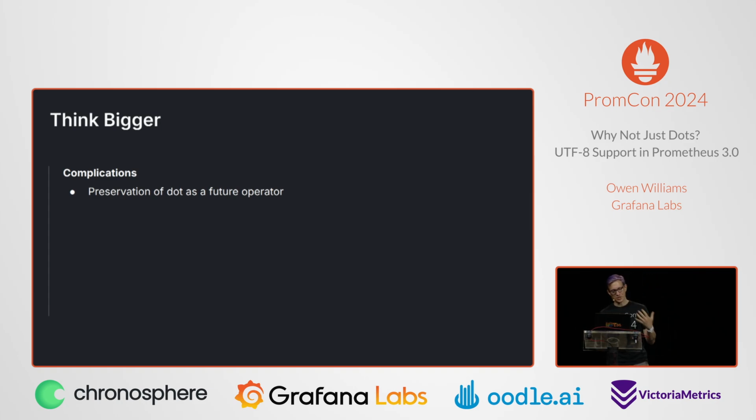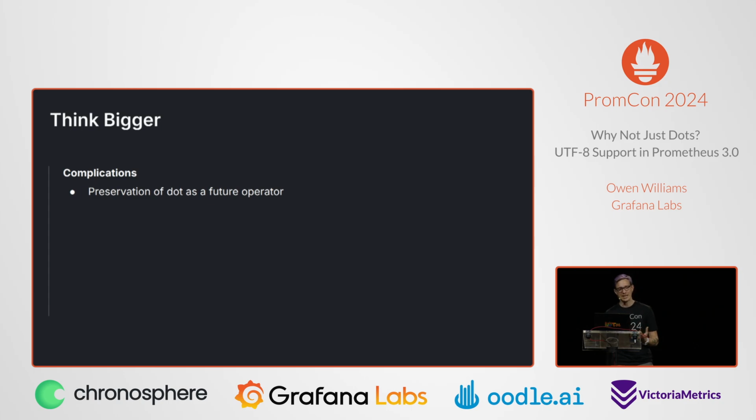As the discussions went on, there started to be questions about whether this is the right thing to do. Do we want to do that? Maybe we could think bigger also. The first problem with adding dots as a valid character is preserving the dot as a future operator.